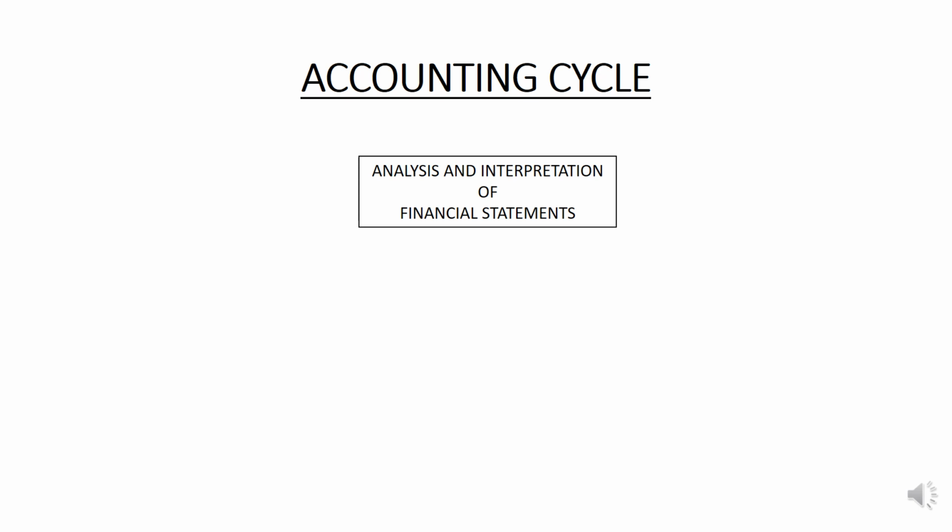For us to be able to analyze and interpret financial statements, we will need what we refer to as comparative figures. By comparative figures, we mean presenting financial information using two different accounting periods. In other words, we are comparing the current year to the previous year.